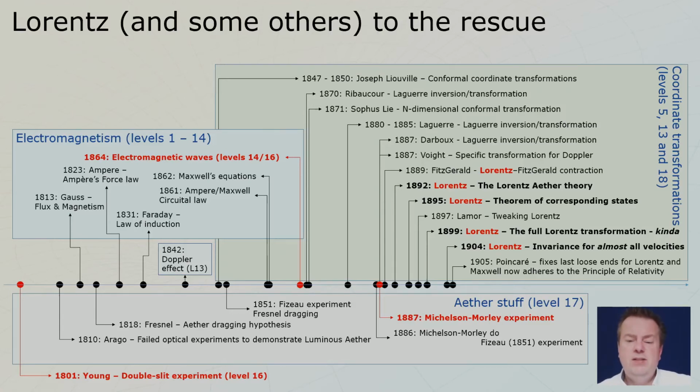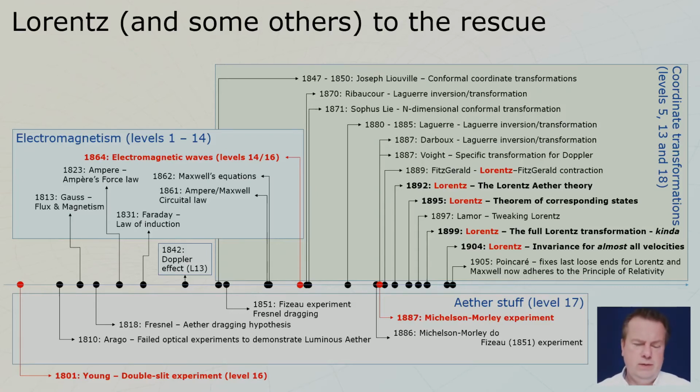And then in 1892, Lorentz is formulating his own theory about the ether, the medium of light, and why Michelson and Morley were unable to detect it. And you see there is 87, and he came in 92. So it took them 5 years to come up with a theory to explain the results of Michelson-Morley.